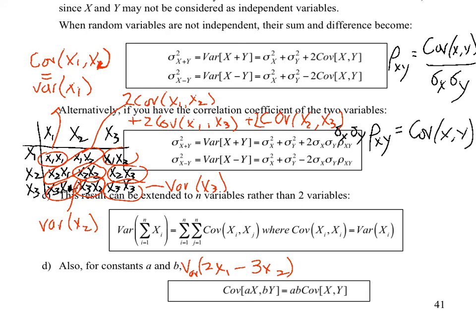Well, we need to know how to treat the constants in front, right? These coefficients in front. And so this is why I have this final rule. If you want the covariance of two variables and they have been adjusted by a coefficient, then it's just identical to having the coefficients outside and the original covariance.